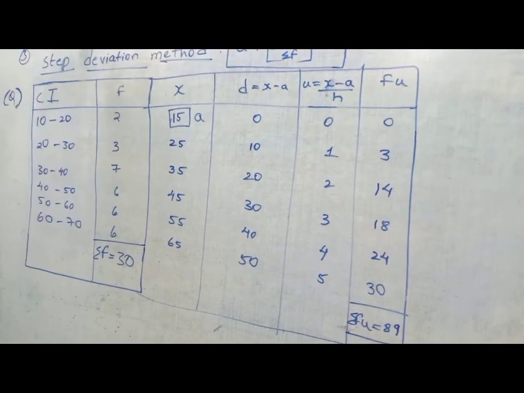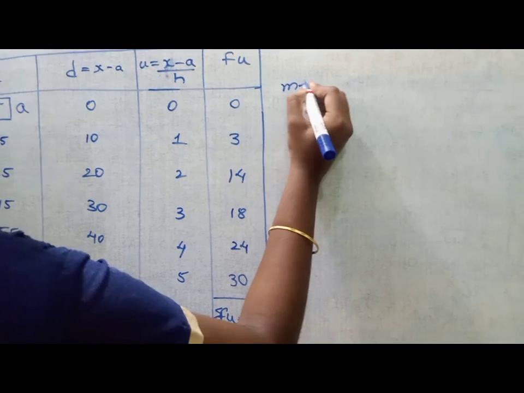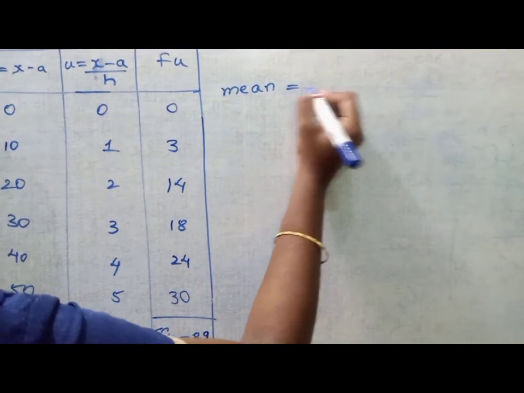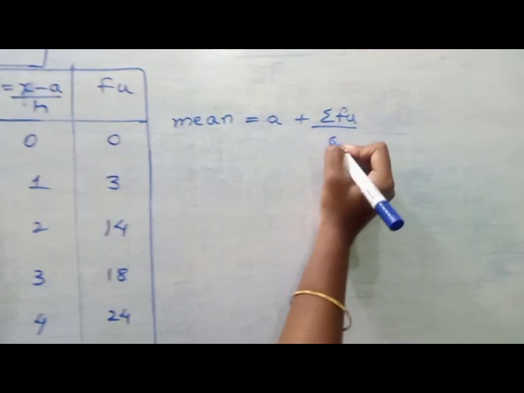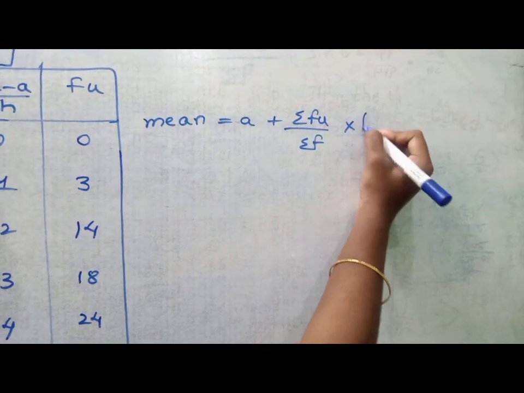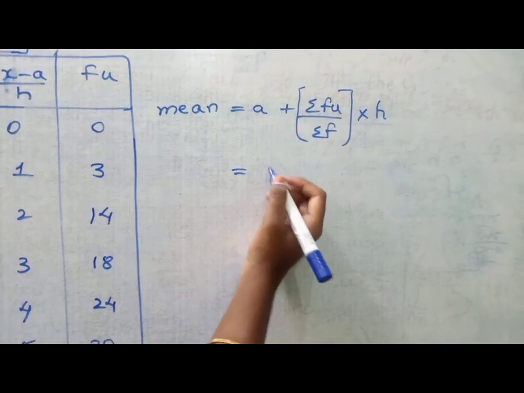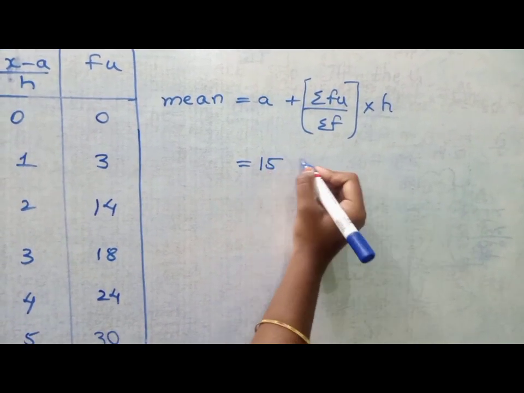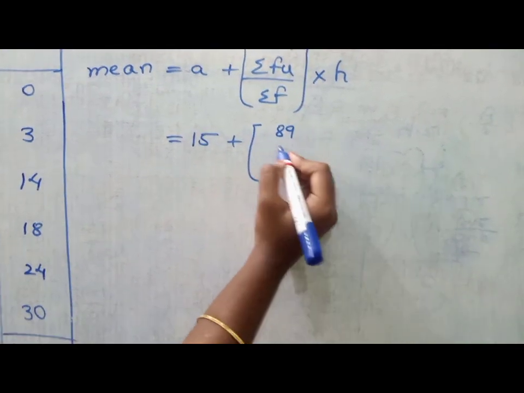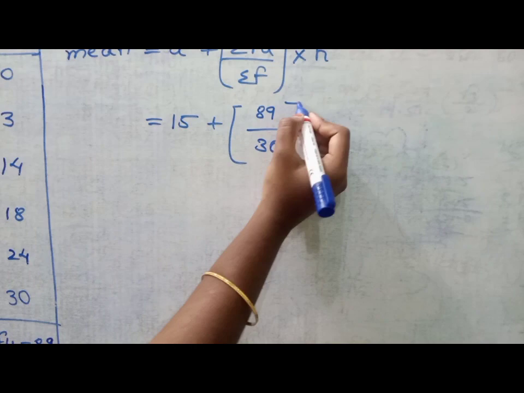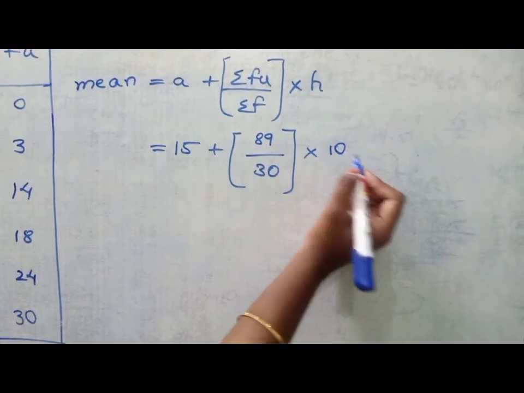Now we will find the mean by the step deviation method using a formula. Mean is equal to A plus sigma fu by sigma f into height. Here A is equal to 15, sigma fu is 89, sigma f is 30 and height is 10.